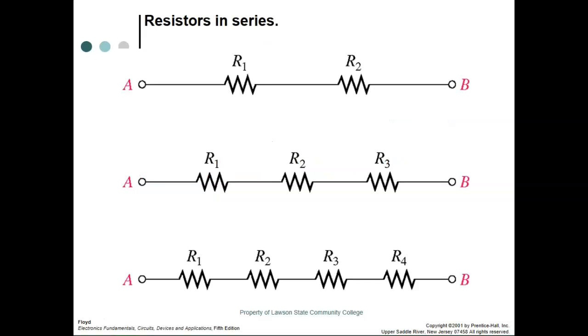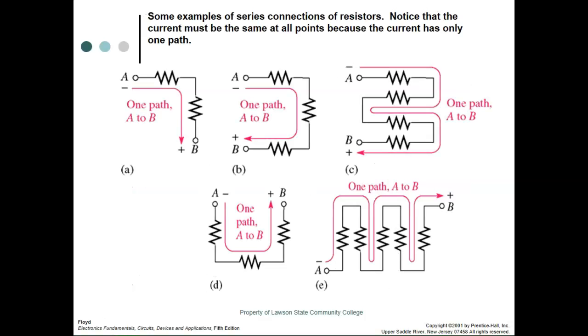So basically, all of these are basic series circuits. Again, these could be a string of Christmas lights and things like that. But they don't always have to be drawn in a straight line.